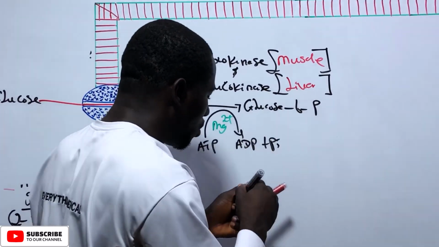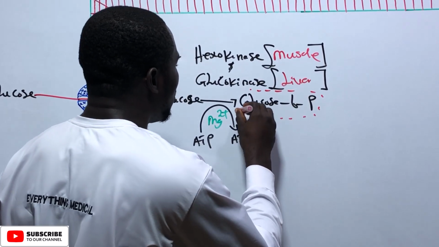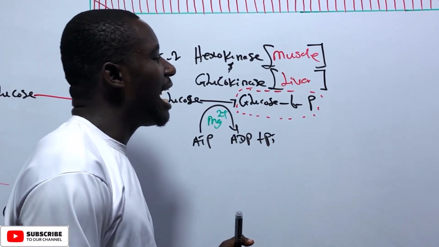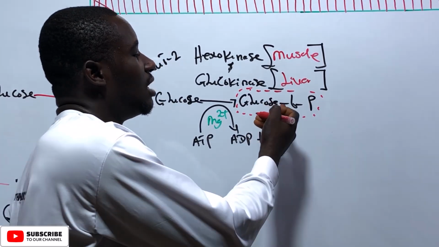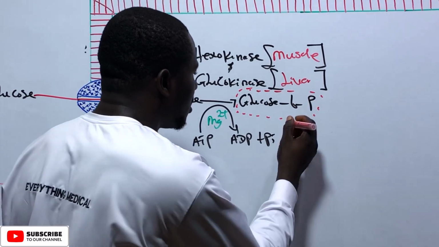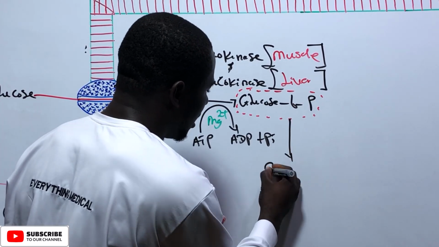Since glucose 6-phosphate has been formed, this is an important metabolite in metabolic biochemistry because it features in numerous metabolic pathways. What are the metabolic fates of this intermediate? Number one is glycolysis. It enters glycolysis.